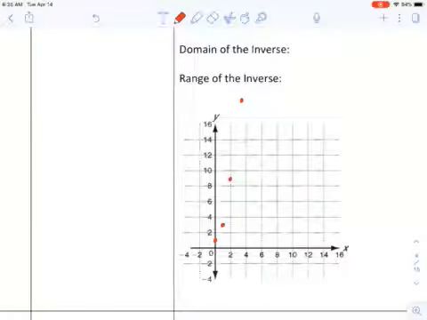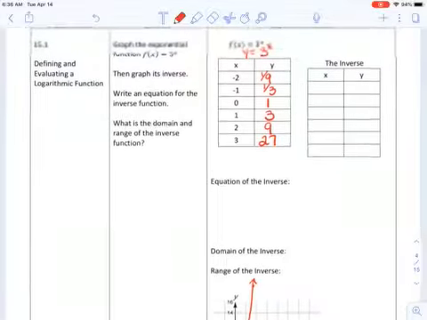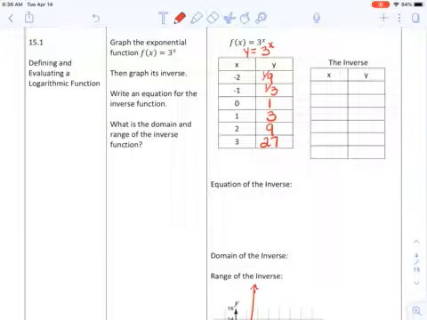Negative 1 gives me a third, negative 2 gives me a 9th, and just like what we were working with in Module 13, we're going to get a graph like that. Okay, let me go back up. We did a graph of that one.